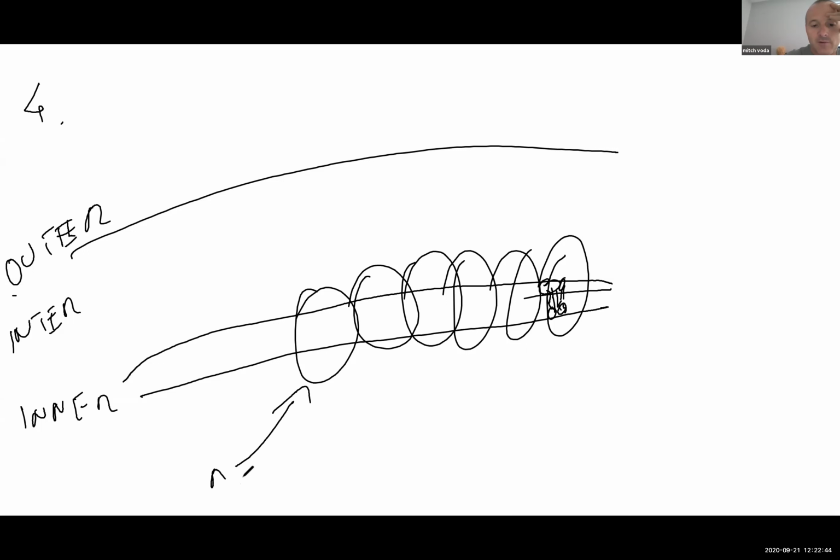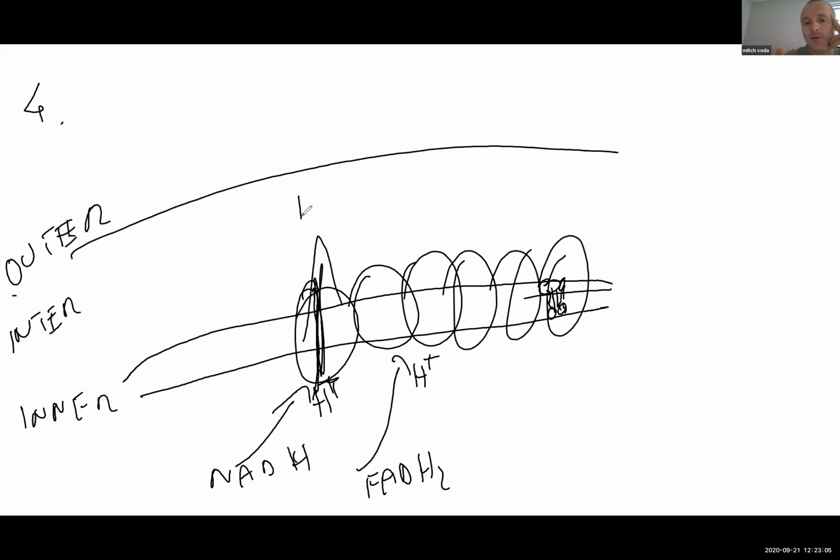Now, NADH comes here. FADH, there is another place to dock. Once they get here, this NADH dumps the hydrogens. This FADH dumps the hydrogen ions. Then the hydrogen ions are pumped in here.